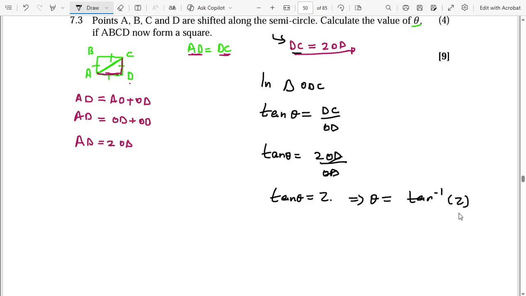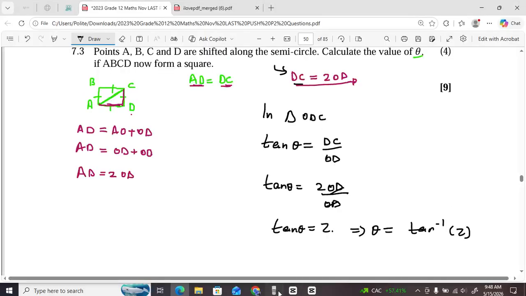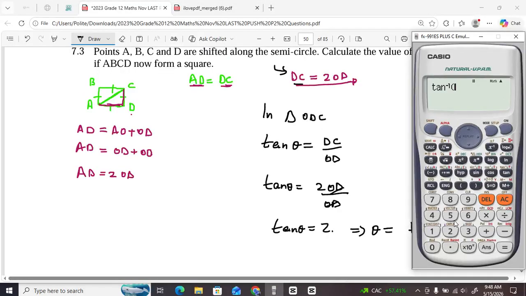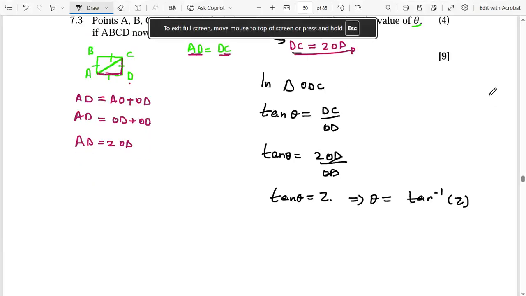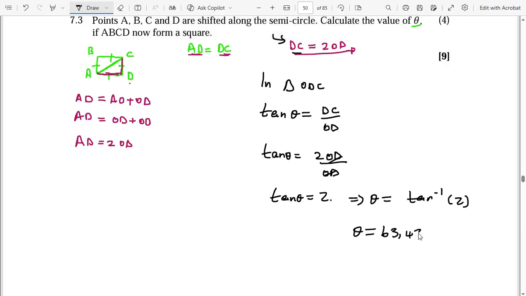You just have to go to your calculator and say shift tan of 2. That's equal to 63.43. So the tan inverse of 2 is 63.43. When you round it off, it's 63.43. So theta is equal to 63.43.